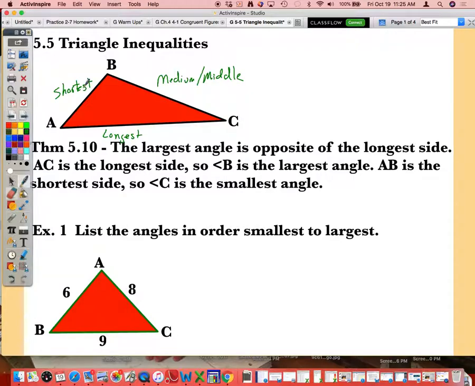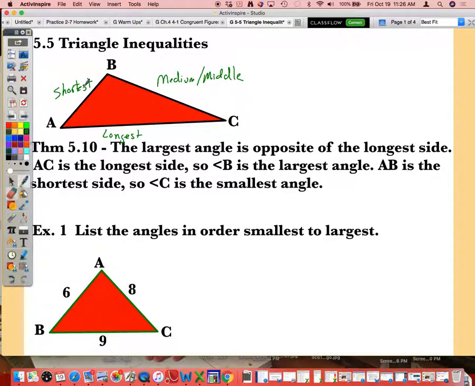Well, what's the relationship of side AB versus angle C, like directionally? It's across, okay? Opposite.